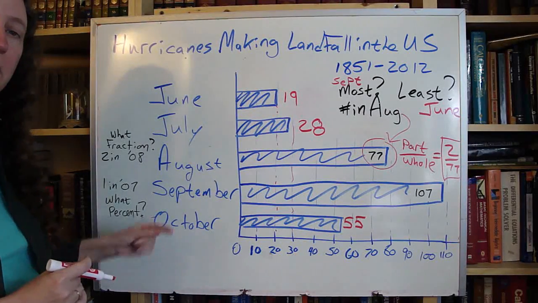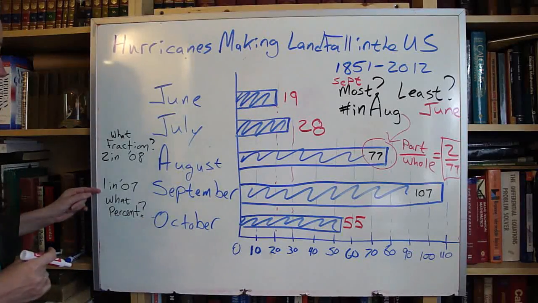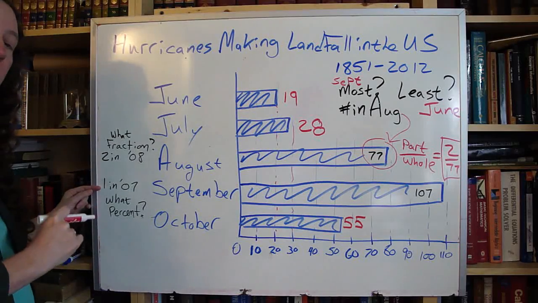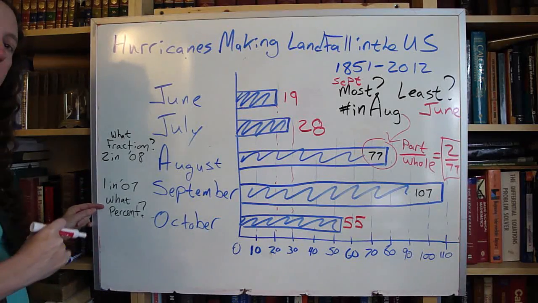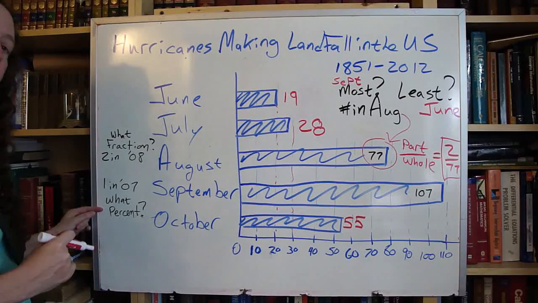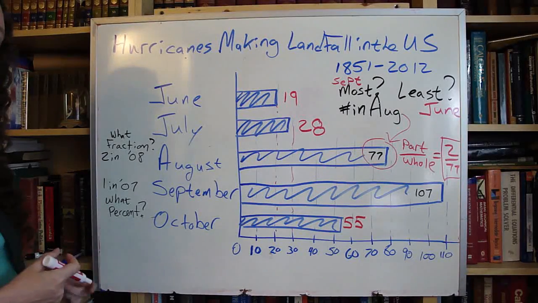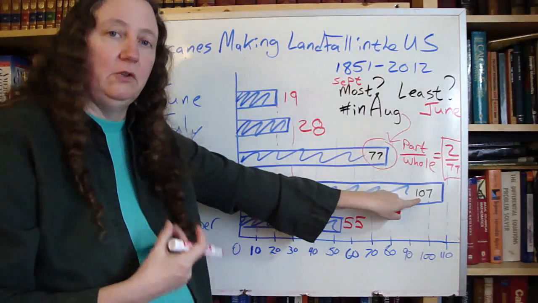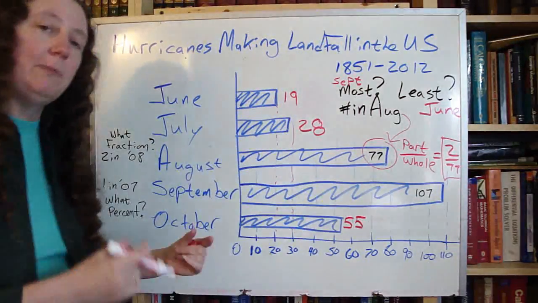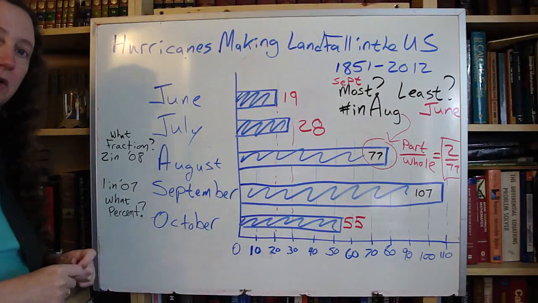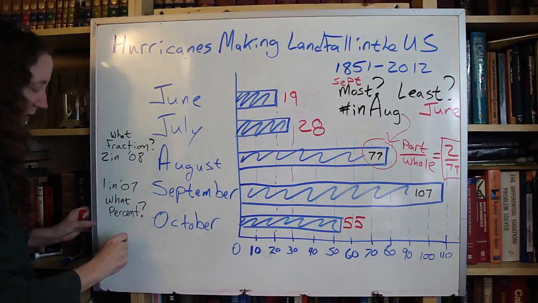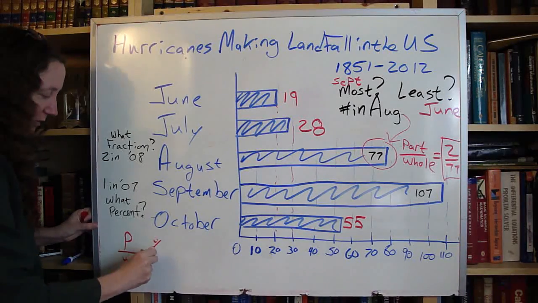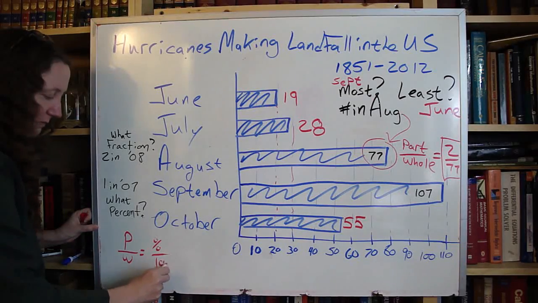The last question that they're asking us about this graph: in 2007, only 1 hurricane made landfall. What percent is that of the total number of hurricanes that made landfall? Well, now I have 107, they told us that. So I have to do my part over whole equals percent over 100.